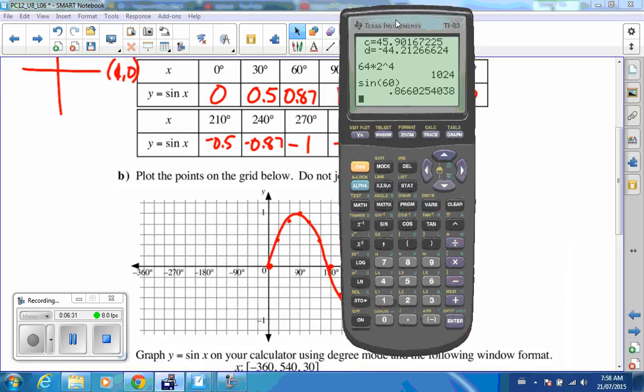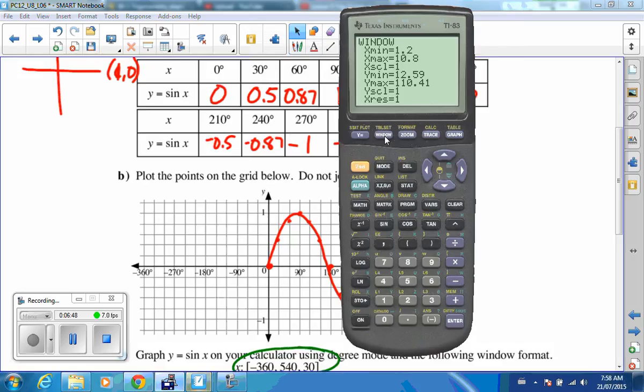Now, if we were to try this with our calculator, I could go y equals, oh, look at all that garbage I've got in there still. Okay, get rid of all that stuff. But y equals sine of x. And then I'm going to change my window settings to just the ones that they are using down here. So from negative 360 to 540, going by 30.